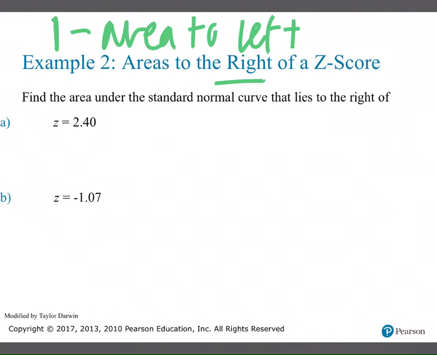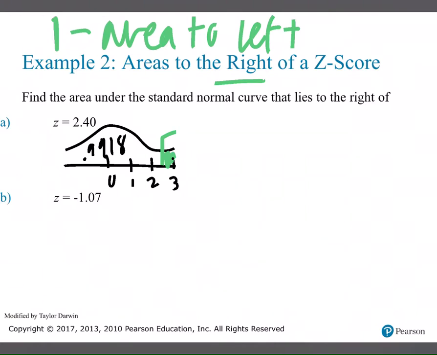If I look up 2.40 on my z-score chart, visual first, 2.40 is about right here, and now I want to find the area to the right. When I look up 2.40, I get 0.9918. That represents all of this area to the left. So to find the area to the right, I need to subtract it from 1, which gives 0.0082.